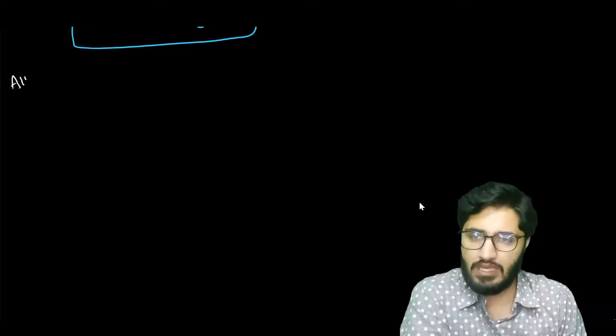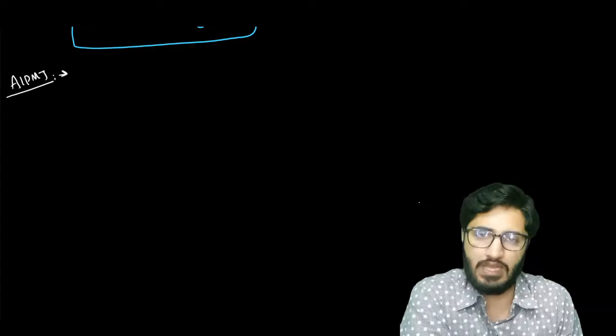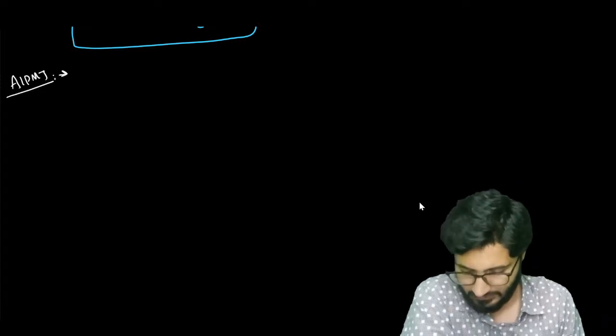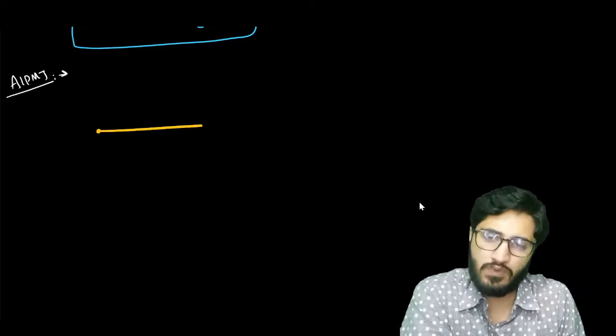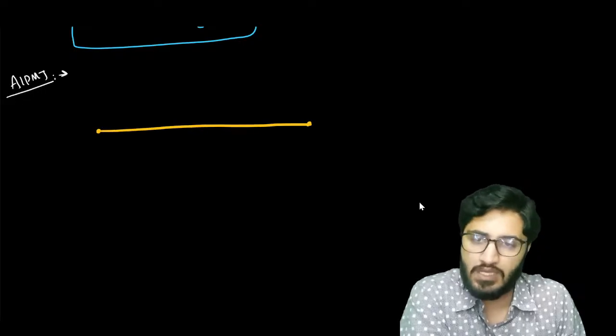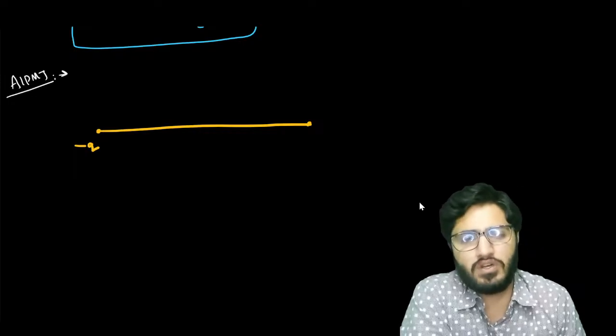The numerical is like this, look. We have a distance like this. Here is point A with charge minus Q, and here is one more point.